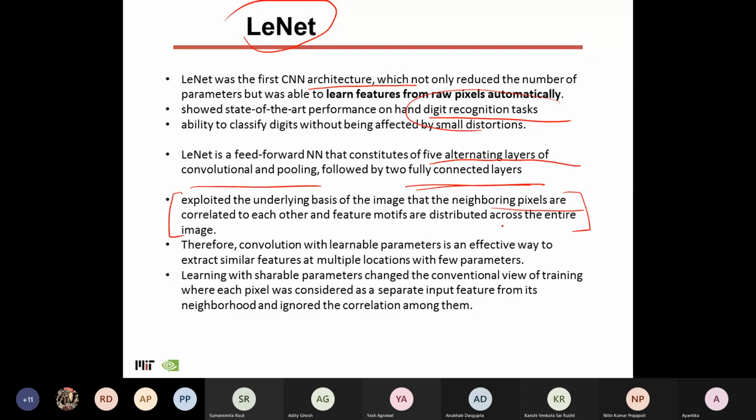That means neighboring pixels have some correlation to form a subpattern within the whole image. That was first observed in LeNet. Therefore, convolution with learnable parameters is an effective way to extract similar features at multiple locations with few parameters. That way, alternating layers of convolution, pooling, and fully connected layers came into the picture with LeNet.